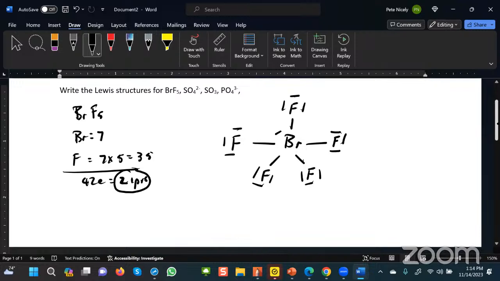On the bromine. And that would be the final answer. But of course, you need to calculate the formal charges just to be sure. So the formal charge of the fluorine will be equal to what? How do you calculate the formal charge of the fluorines?